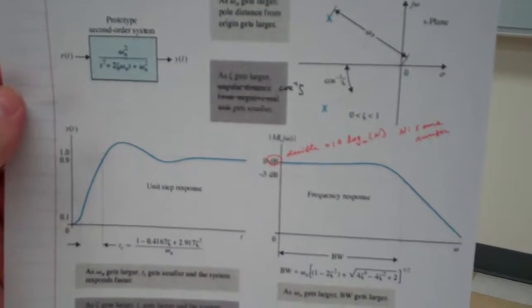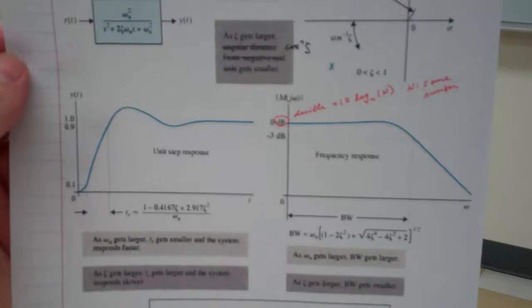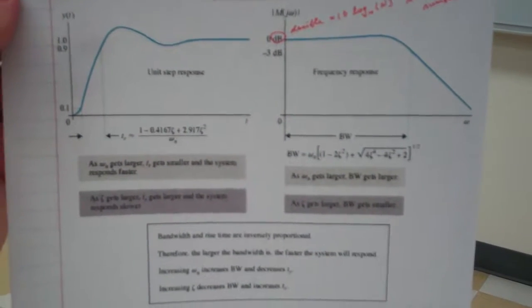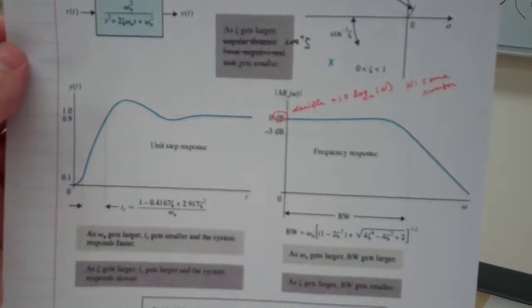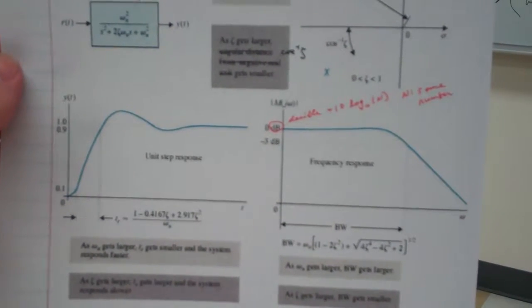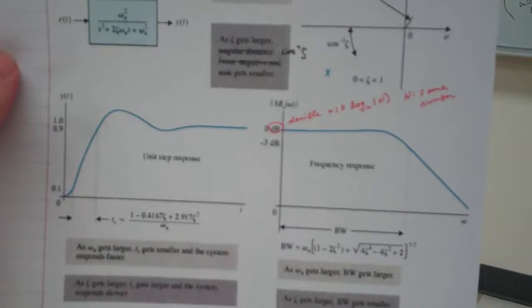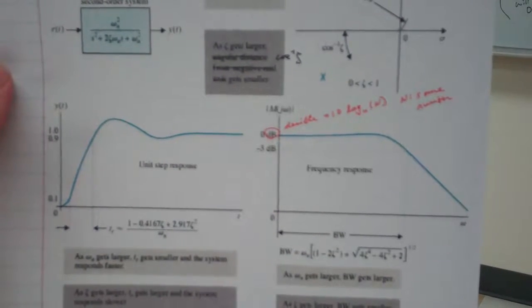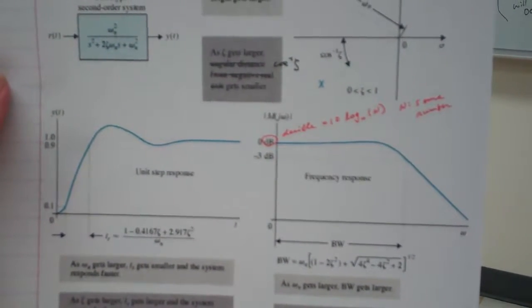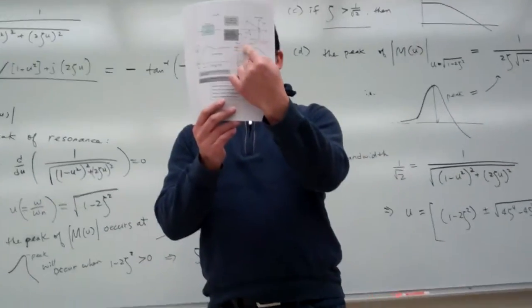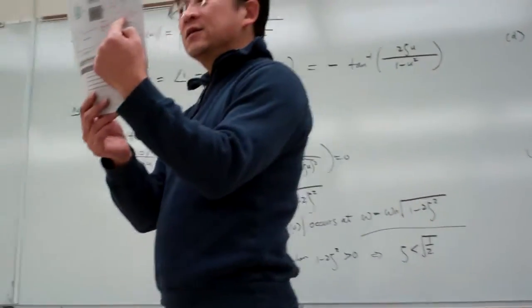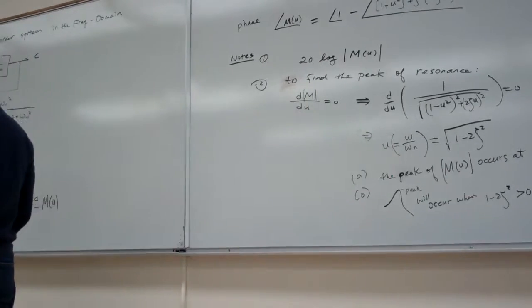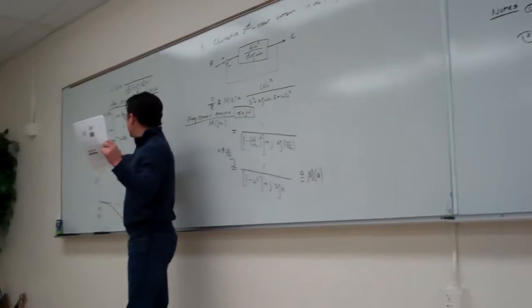The bandwidth is a function of zeta. Let me repeat. On the left column, basically that gives you the bandwidth equations, and the curve gives you one example. I believe this curve is a Bode plot, one scenario of this curve.